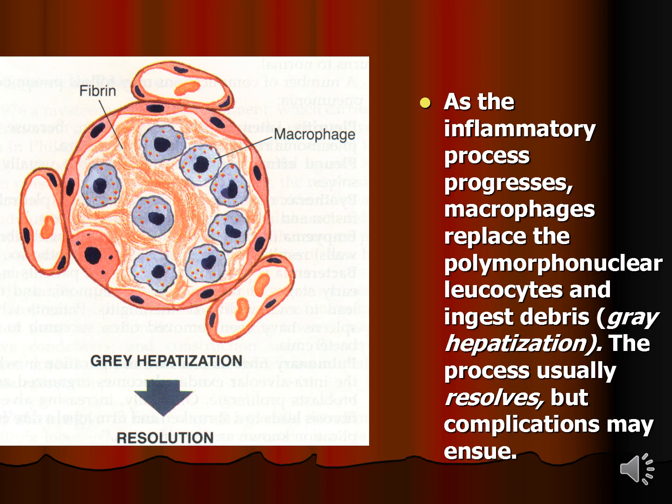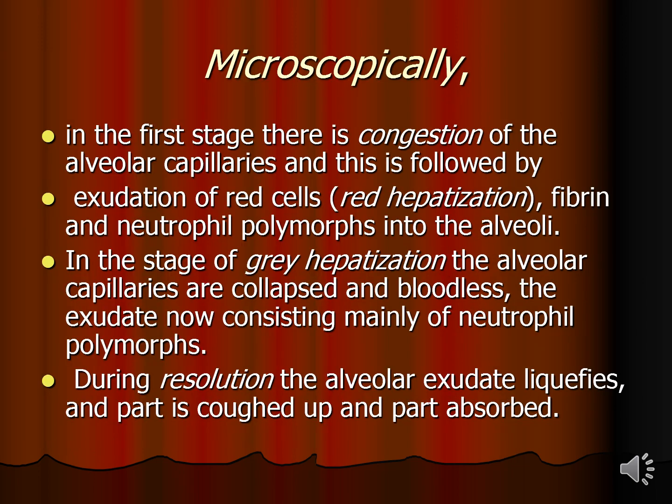So here we see in the picture a lot of macrophages, and also we see fibrin within the exudate. After gray hepatization goes the next stage called resolution, but sometimes we have complications.